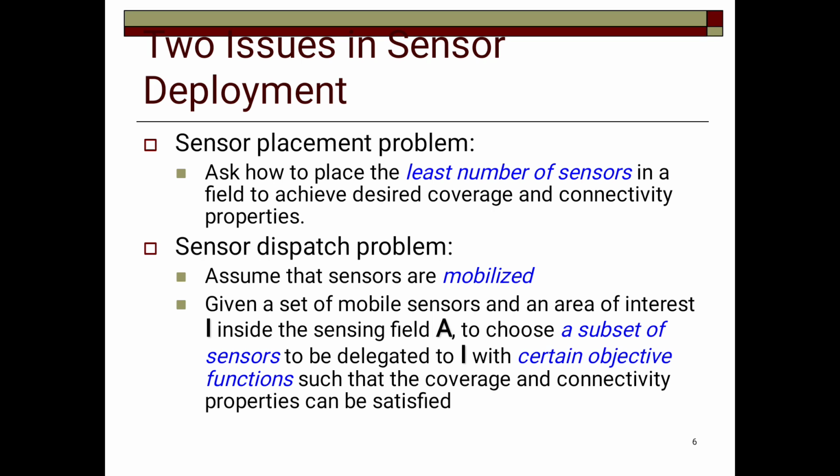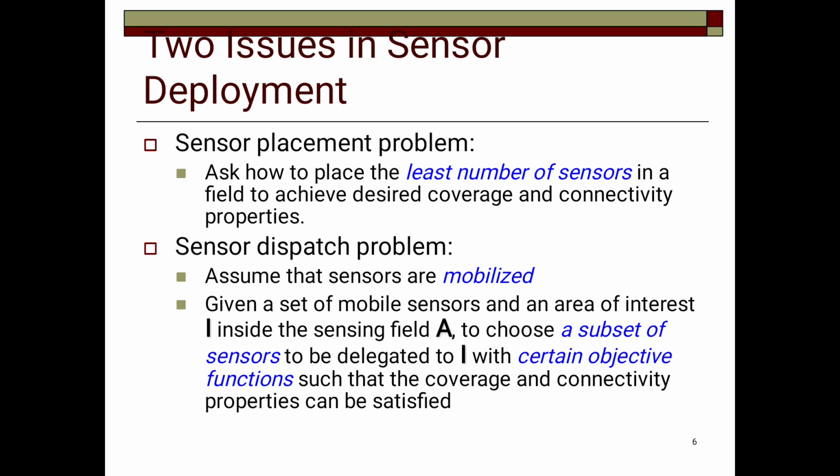Sensor dispatch problem is, assume that sensors are mobilized, that means they are placed. Given a set of mobile sensors and an area of interest I inside the sensing field A, choose a subset of sensors to be delegated to I with certain objective functions such that coverage and connectivity properties can be satisfied.